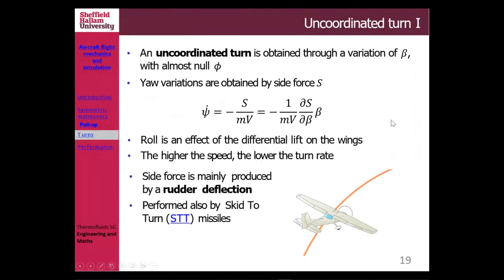That is the variation obtained by the side force S. Now obviously the side force is mainly produced by your rudder deflections rather than by the aileron deflections. Okay, so that is an uncoordinated turn.